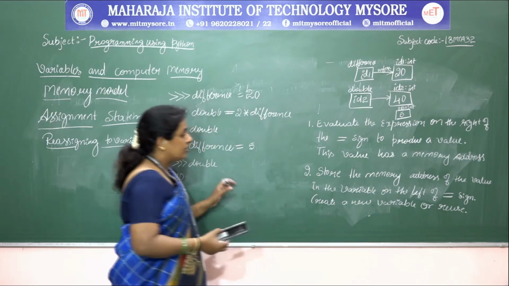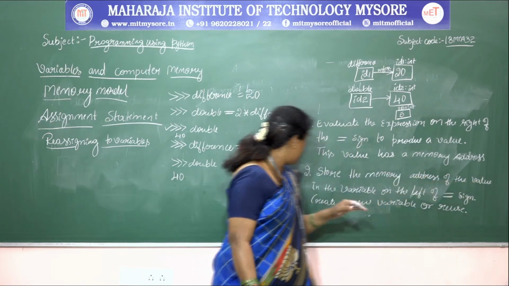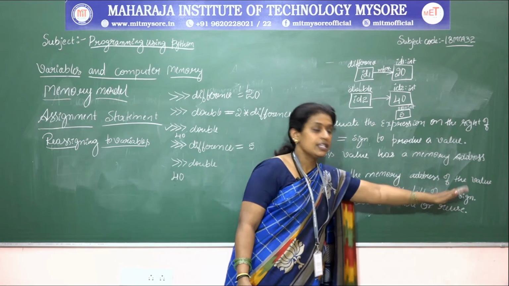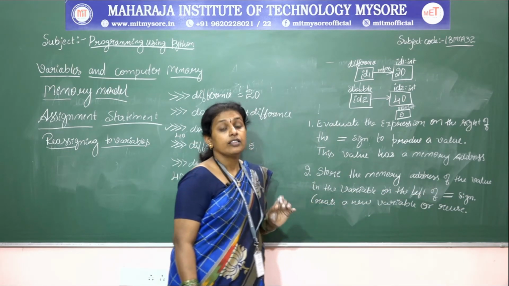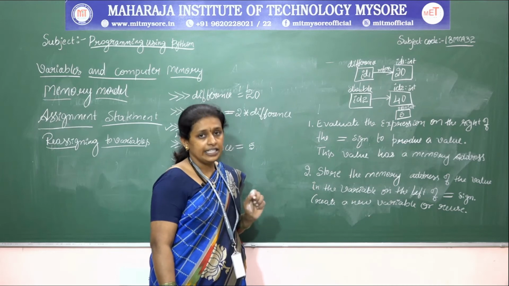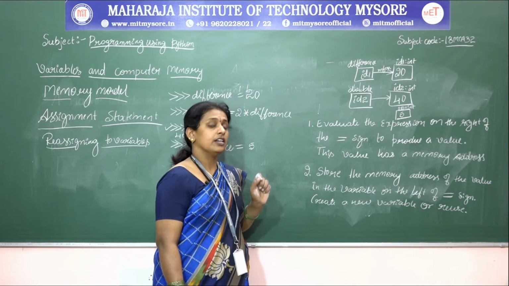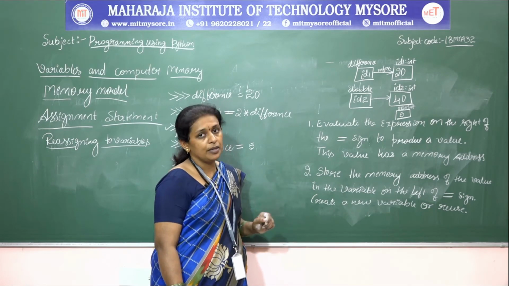I told you, store the memory address of the value in the variable on the left of the equal sign. Create a new variable if the variable is not created, whereas if the variable is already created, just replace the memory address in that variable.